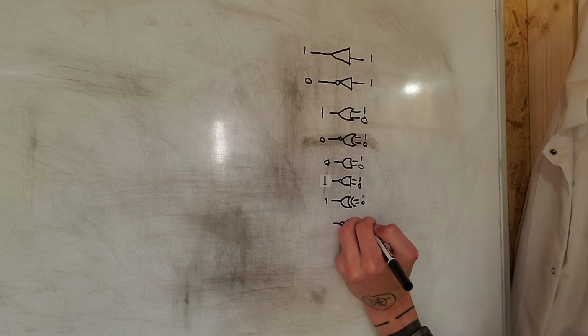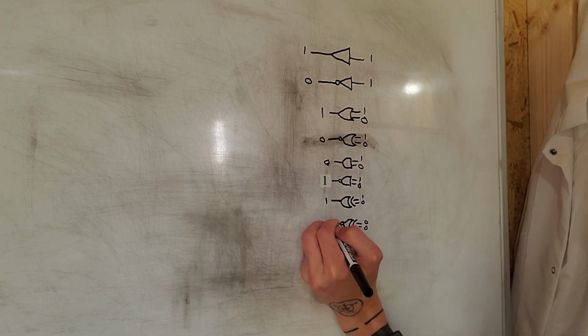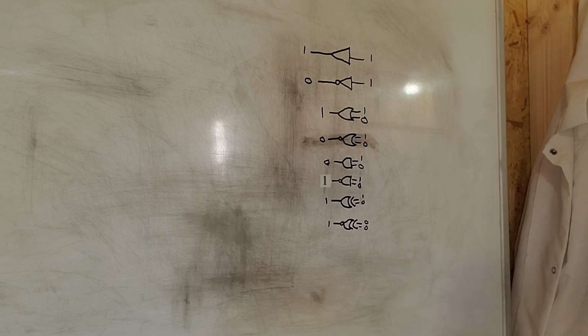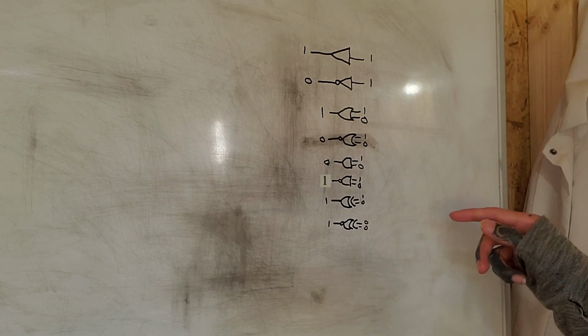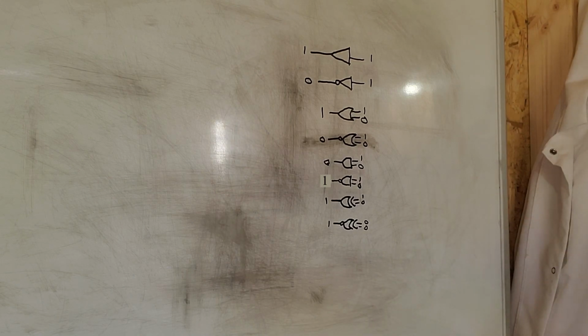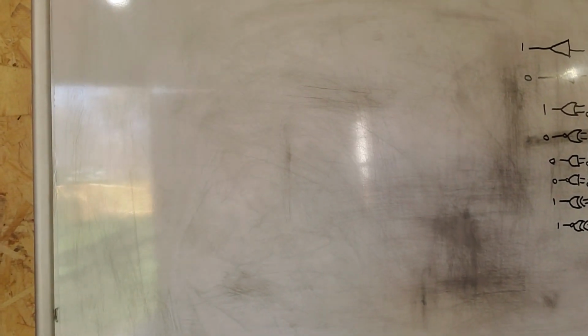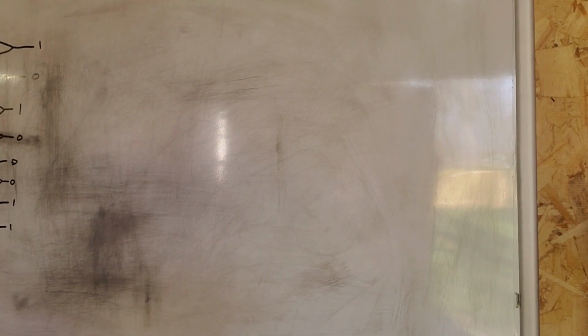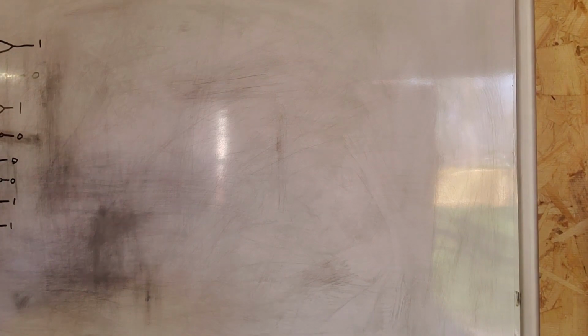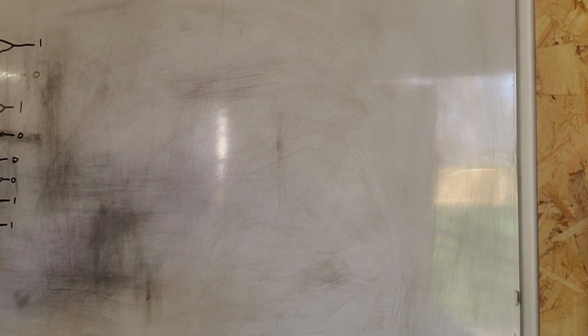So this activates if the inputs are the same, if it's 0, 0, or if it's 1, 1. So these are the common logical gates, and I'm going to show you how you can quantify them with truth tables. So a truth table essentially just shows inputs and outputs of these gates.